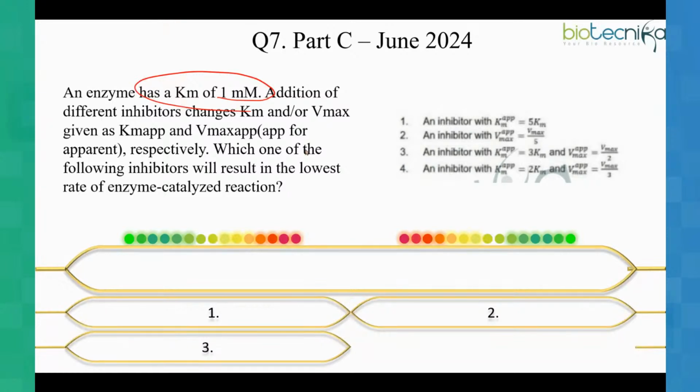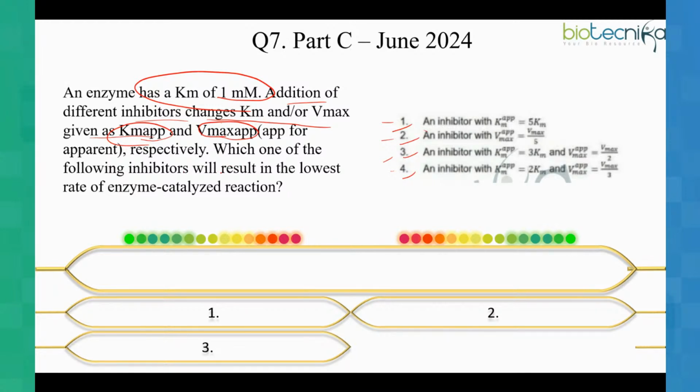There are different options given where the Km and Vmax change in different proportions. Different inhibitors are added which change the Km or Vmax, and it is written as Km app or Vmax app, for apparent, because it's not the original Km, it's a changed one.